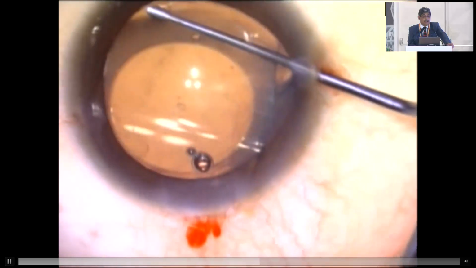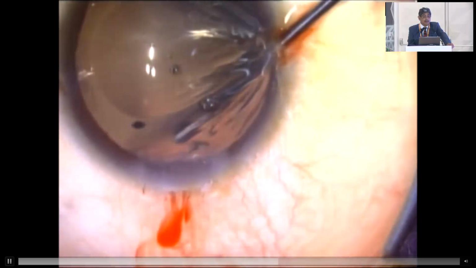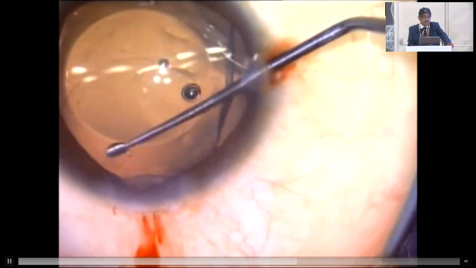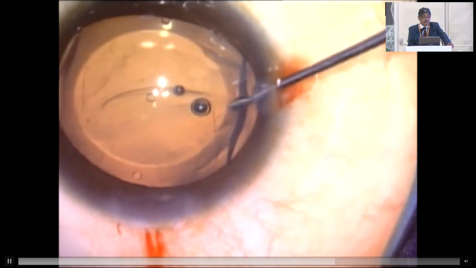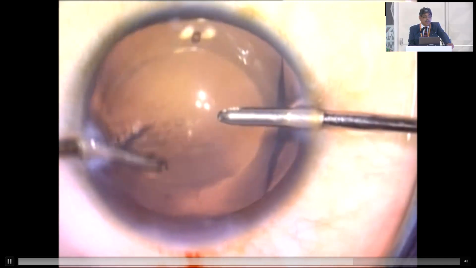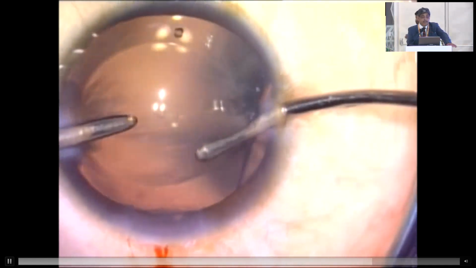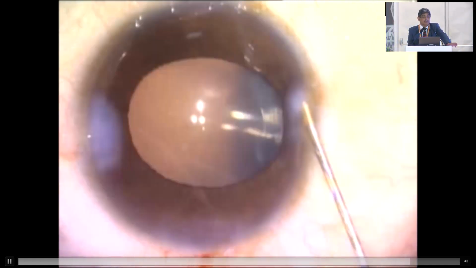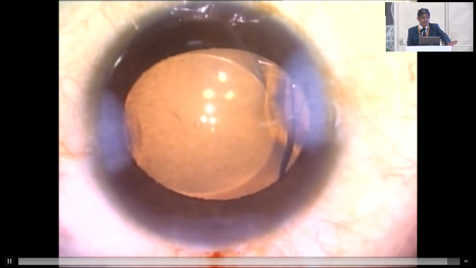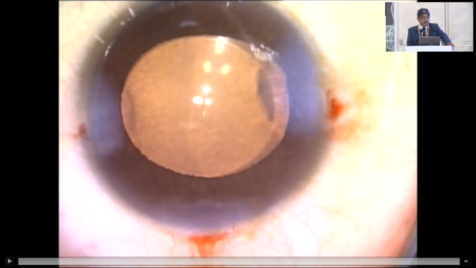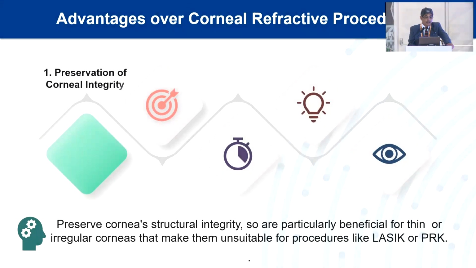And this is the lens managing spatula, and the 4 haptic or plate haptic design. The haptics are pushed behind the iris like this, and even the toric design is used, and then by any means you can remove the viscoelastic from the anterior chamber. Mind that our crystalline lens is still there, and it is clear, and we should avoid jerky movements.